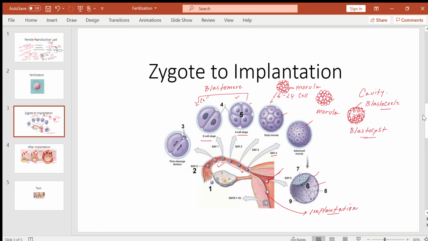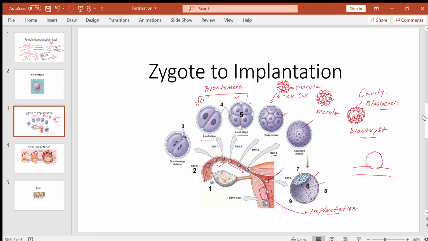So that is implantation. So now let me draw, only take this part from here and draw here. So this is the endometrium. Okay, and this is the blastocyst.